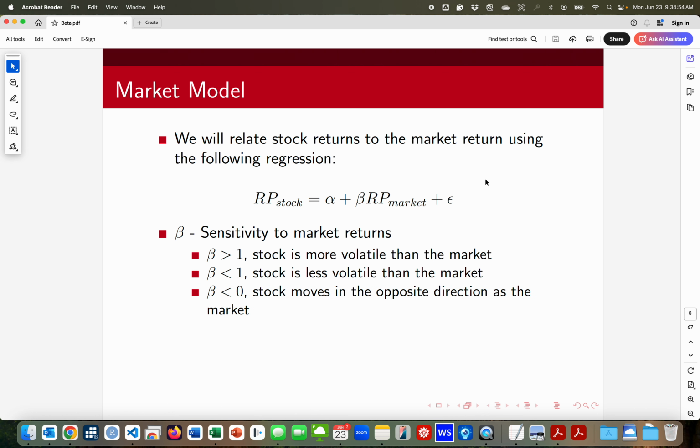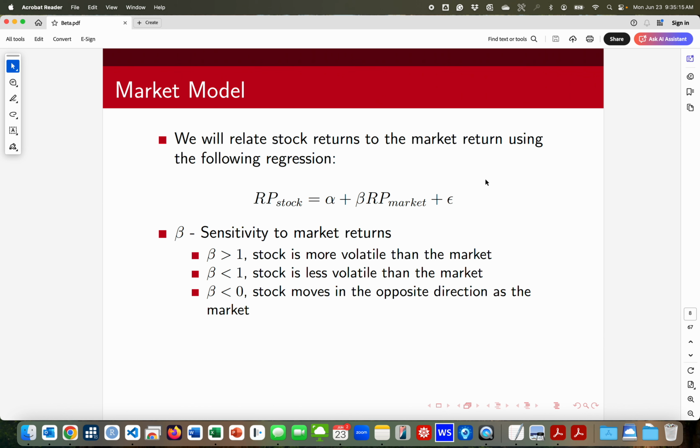So if you have some stock whose risk premium is increasing while the market risk premium is going down, they're moving in opposite directions. Then a beta equal to 1 means the stock risk premium moved proportionally to the market risk premium.